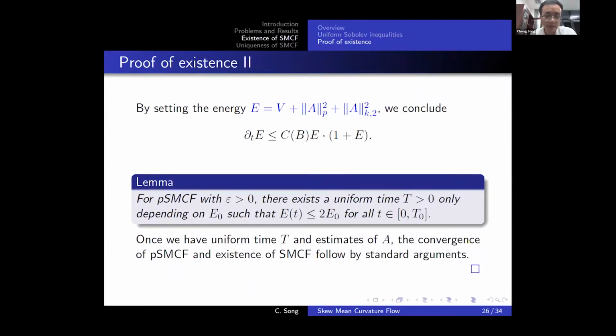In other words, I want to show this energy is locally bounded for the perturbed flow. And the bound is independent of the perturbation epsilon and only depends on the initial data. So once you find the correct energy, then this could be done easily. Okay, next.